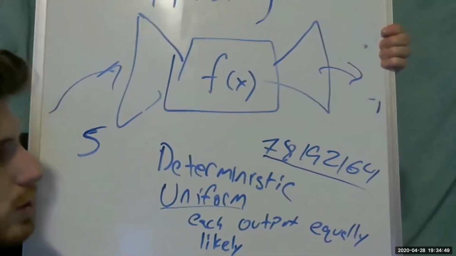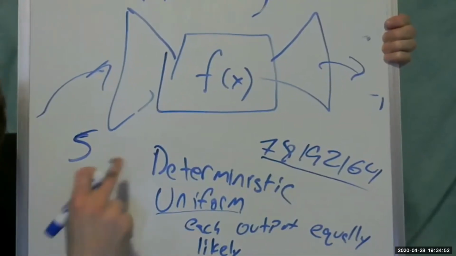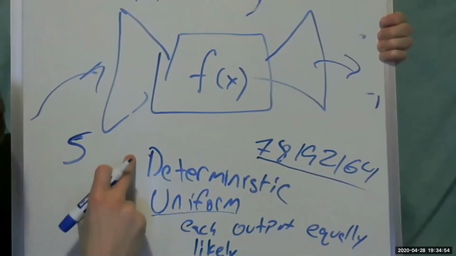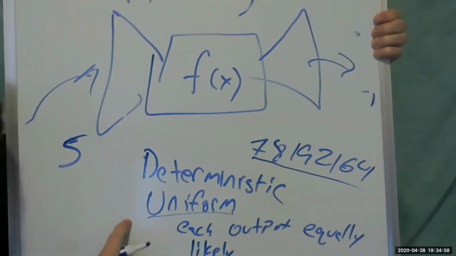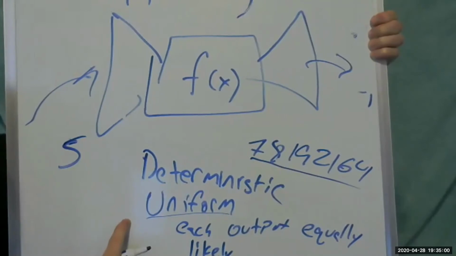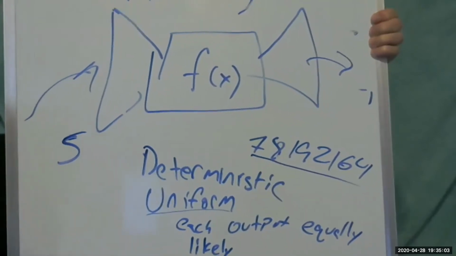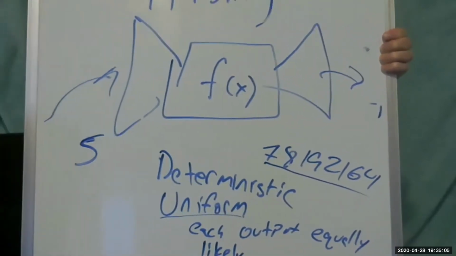So it's super deterministic. Every time we put something in, it puts out the exact same thing, but we have no ability to guess because every single thing is equally as likely. So we have no idea what it will put out unless we actually put it in.